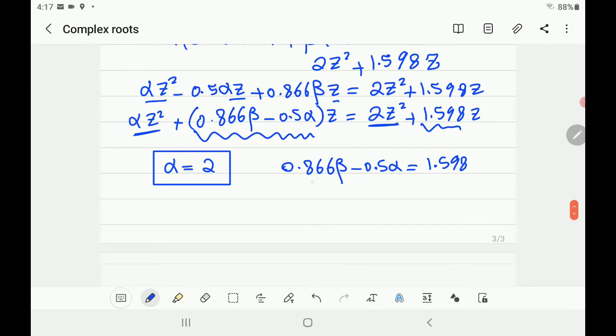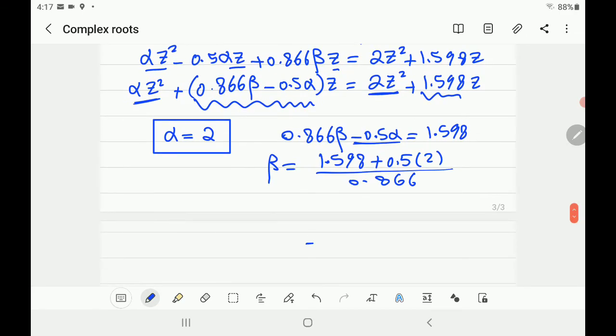You want to find beta, so beta is equal to 1.598, and move this part to the other side with plus 0.5 alpha, and you know alpha is equal to 2, divided by 0.866. That would be equal to 2.598, because 0.5 times 2 is equal to 1. You add 1 here.